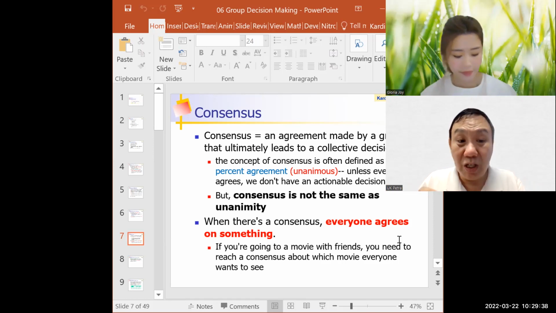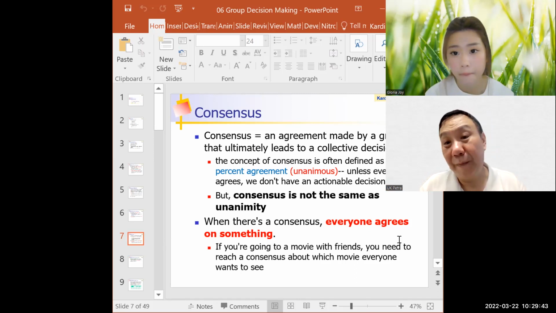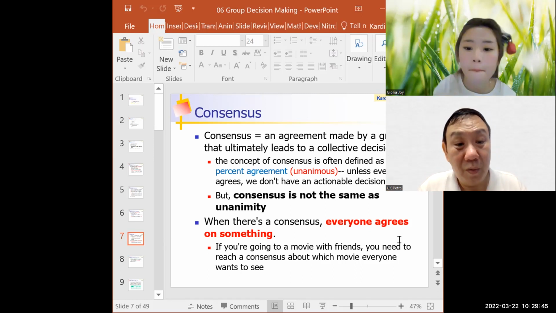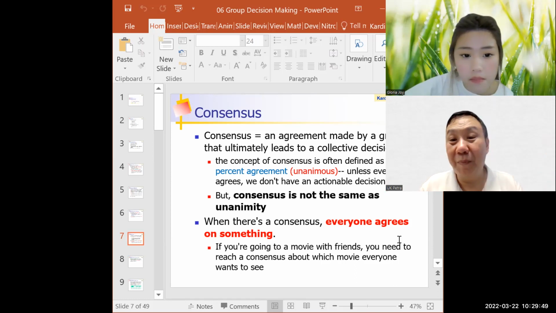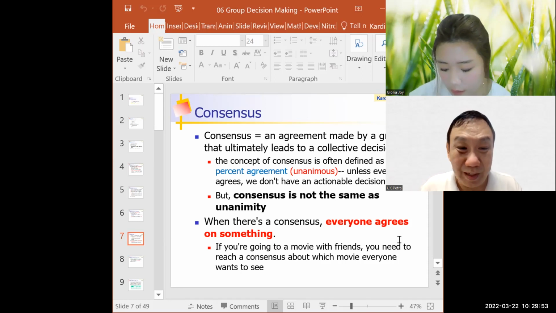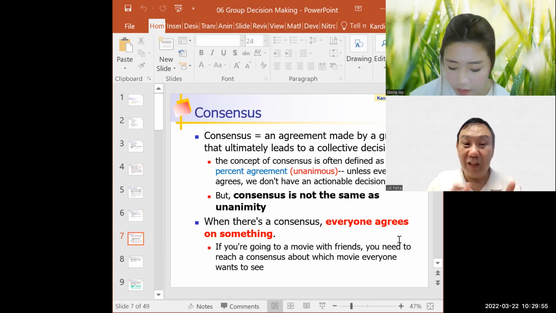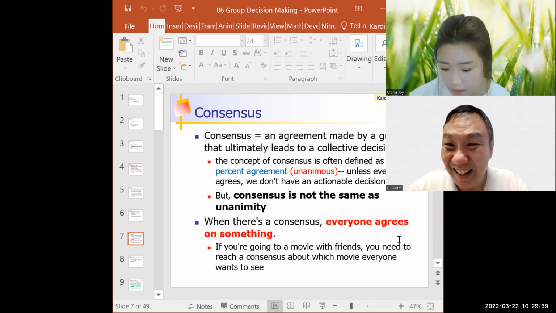But actually consensus is not the same as unanimity. When there's a consensus, everyone agrees on something. For example, you want to go to a movie with your friends, right? Then you need to reach a consensus on which movie everyone wants to see, otherwise you cannot watch that movie.